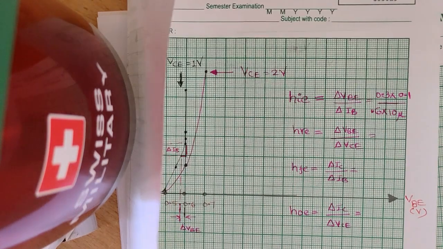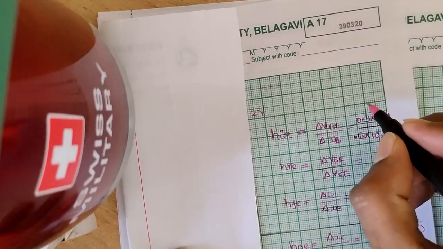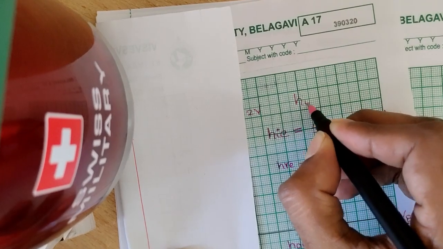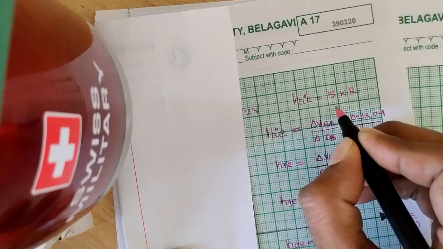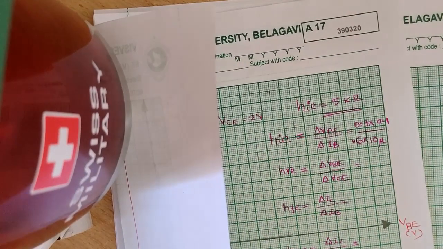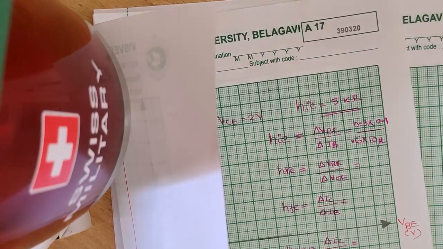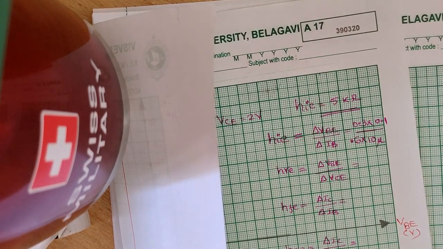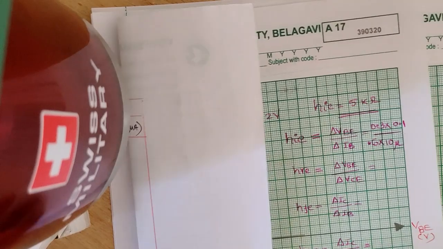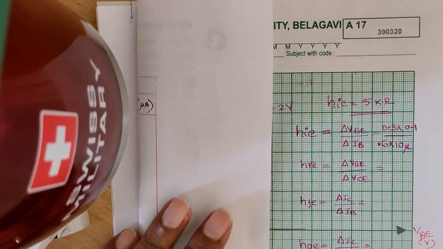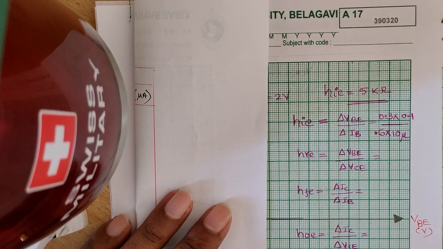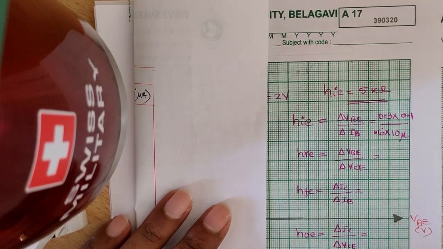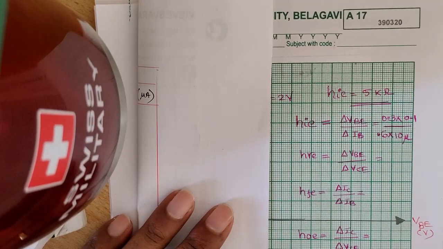That's about 5000 ohms, so you will get HIE equal to 5 kilo ohm, slightly large. Ideally it should be in the region of 2 kilo ohm to 5 kilo ohm. That's okay, it is an experimental result. Your ambient temperature, power supply fluctuations, etc. all matter. Fine, so that's about the input characteristics.